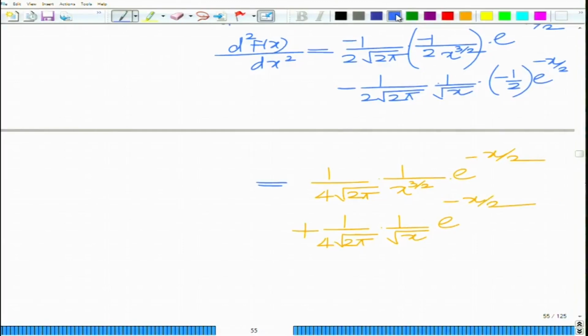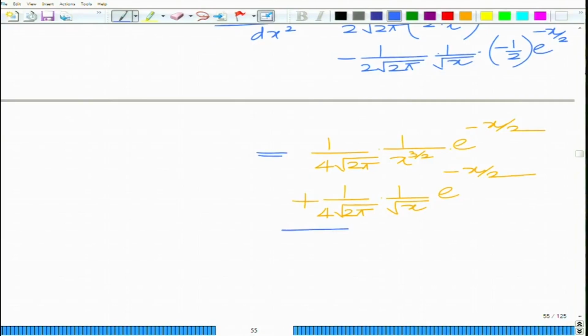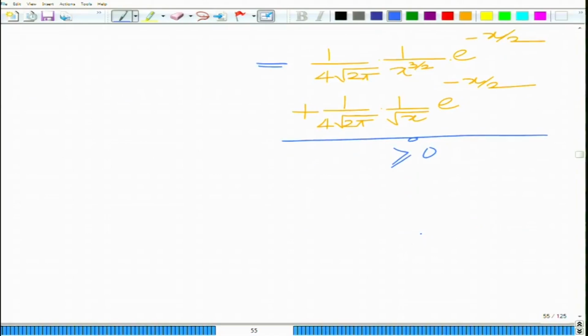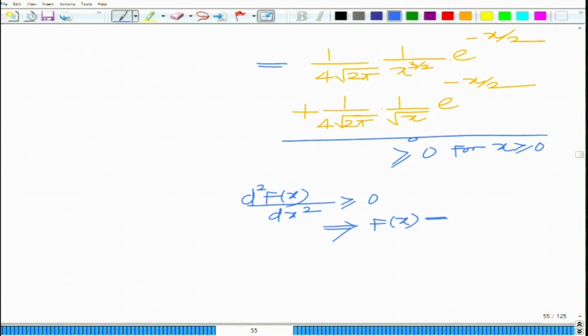And essentially the important thing is here you can see that the second order derivative is greater than or equal to 0 for x greater than or equal to 0. So, this implies that d square f x by dx square is greater than or equal to 0, implies f of x equals Q of square root of x is convex.